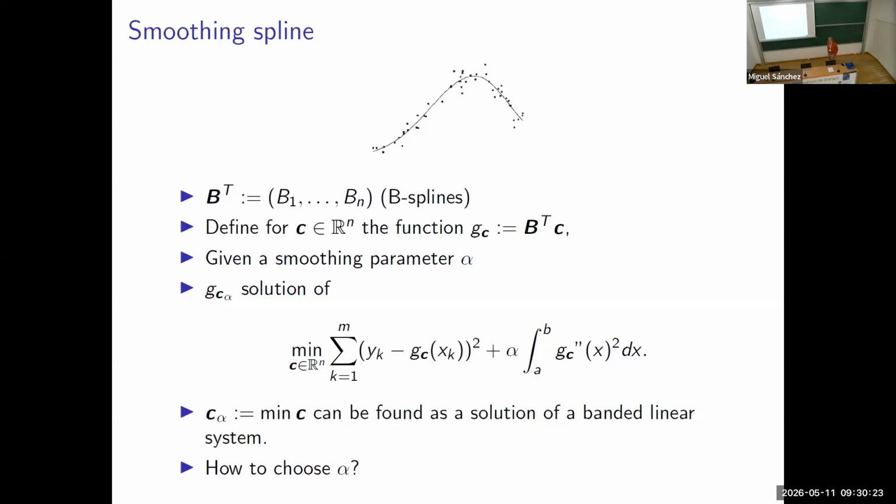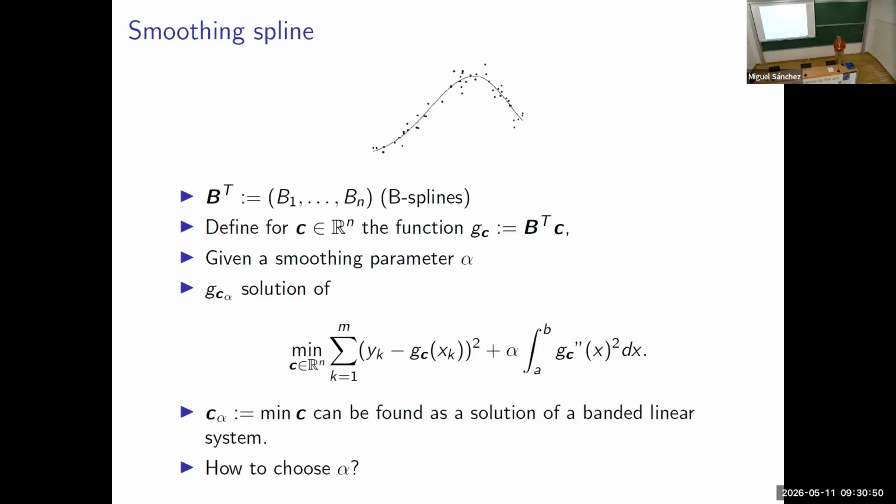That's what is typically called a smoothing spline. I will not go into details here, but the minimizer can be found as the solution of a banded linear system. For example, you could look at my first paper with Larry Schumaker where we show that.